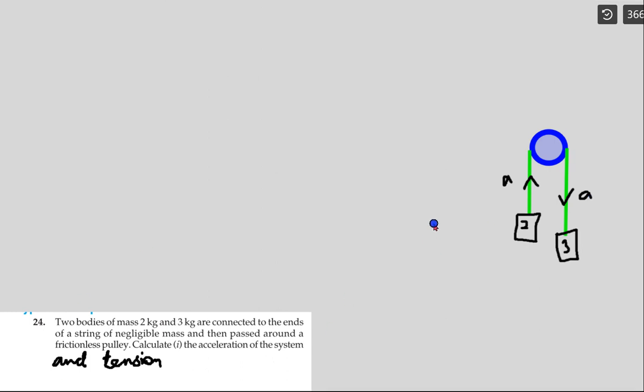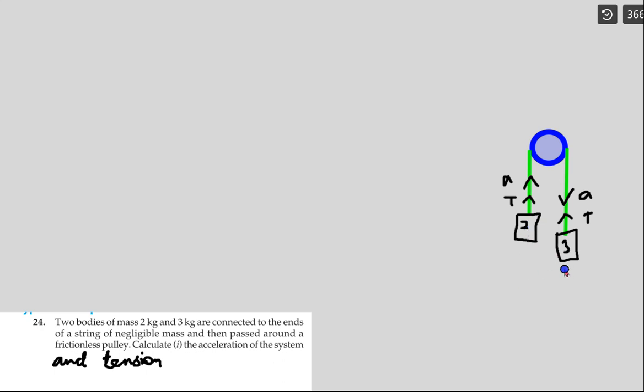And to prevent this string from breaking, the tension in this string will be in the upward direction. Both will be upward. If it were downward, the string itself would pull the bodies downward.